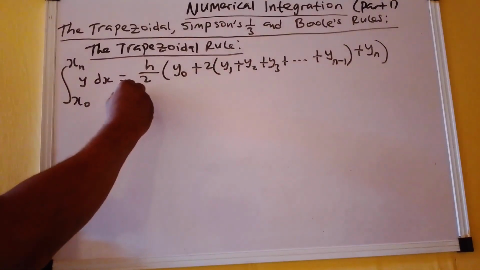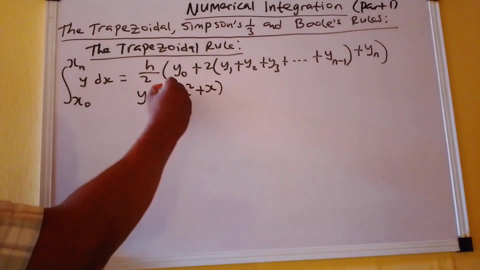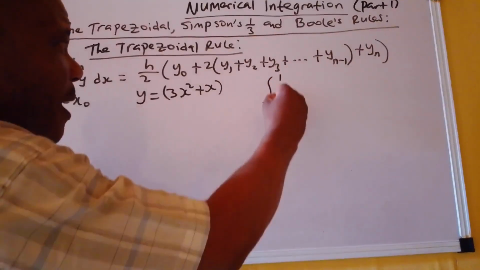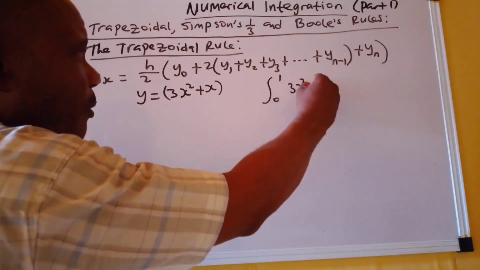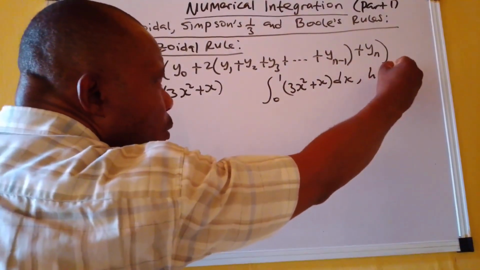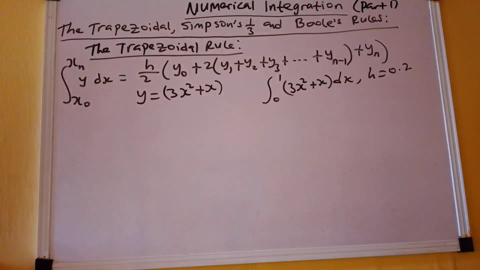For that problem, our y is equal to 3x squared plus x, and the problem is to integrate 3x squared plus x dx from 0 to 1. Here we are setting our h to be equal to 0.2. The h will help us to spread the values of x.